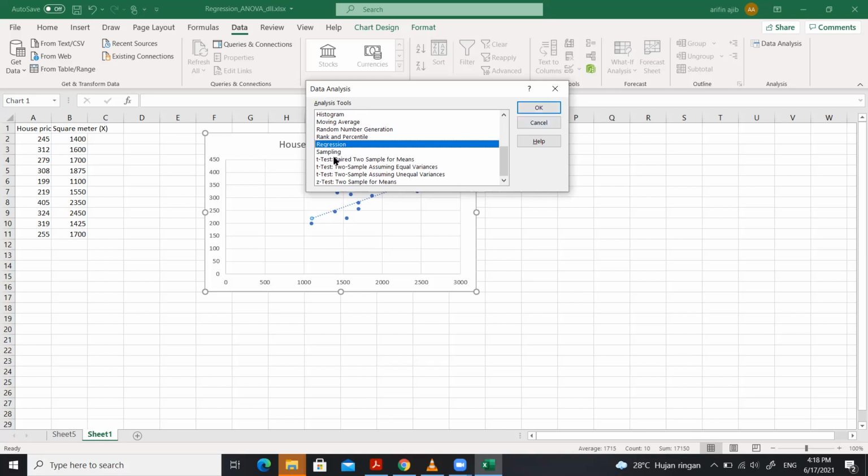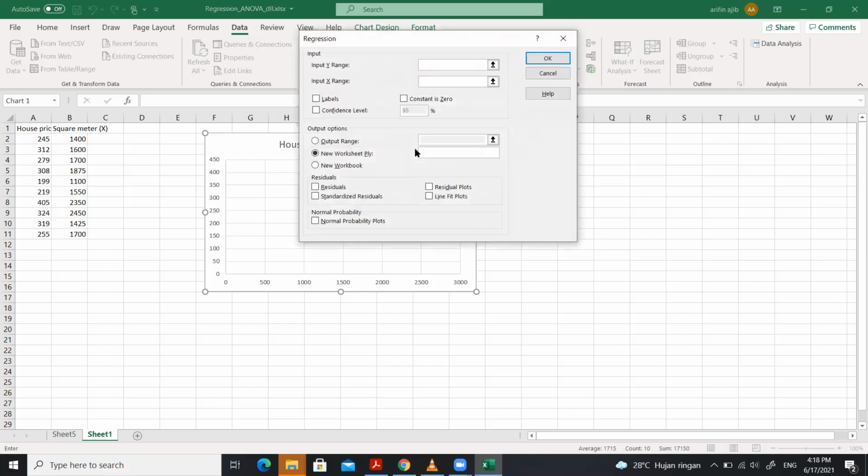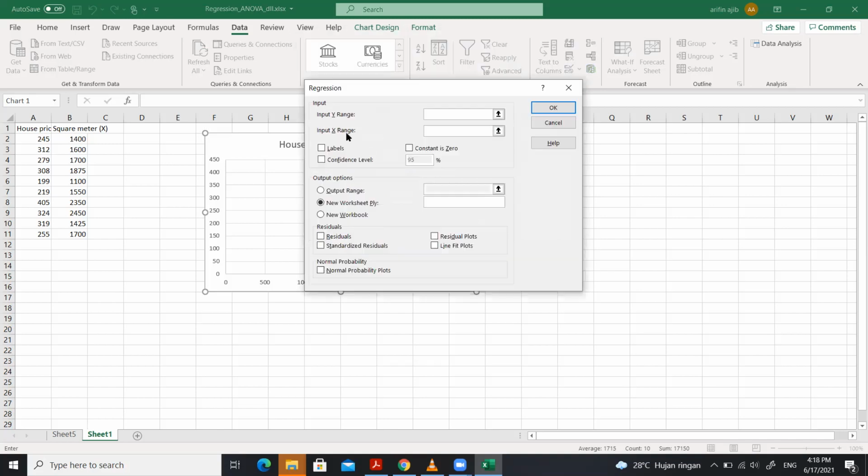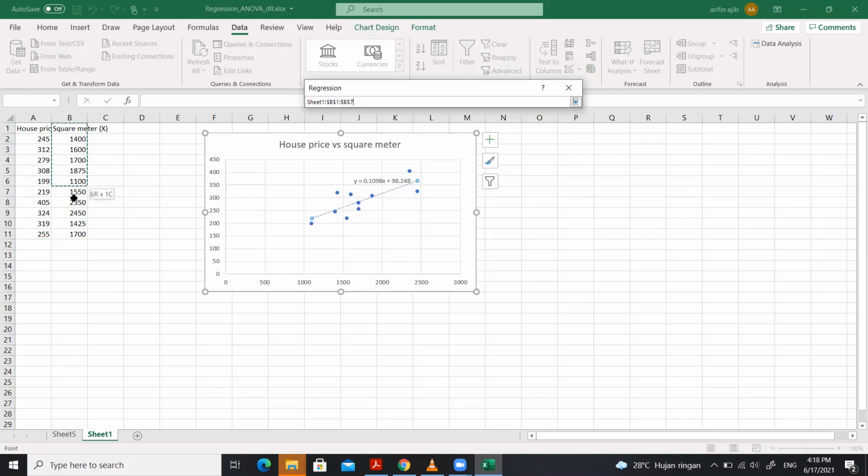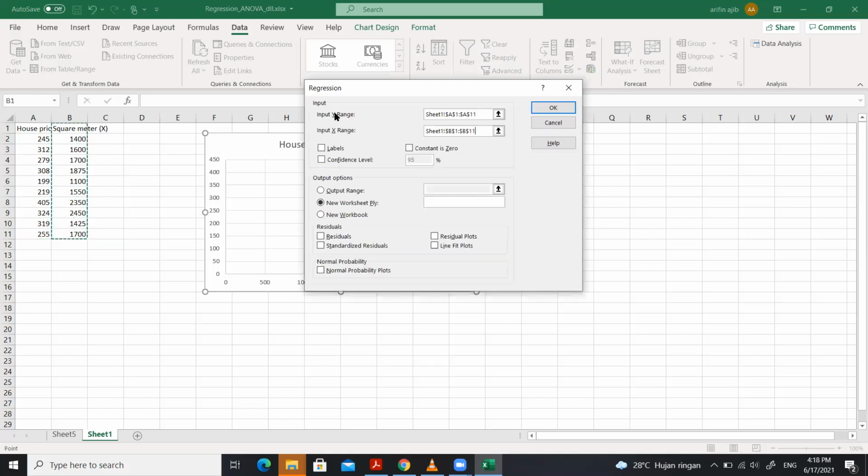So just select the regression, and okay, and you can input the range here. For the y-axis, the house price, and for the x-axis is square size or square meter, in this case the size of the house.